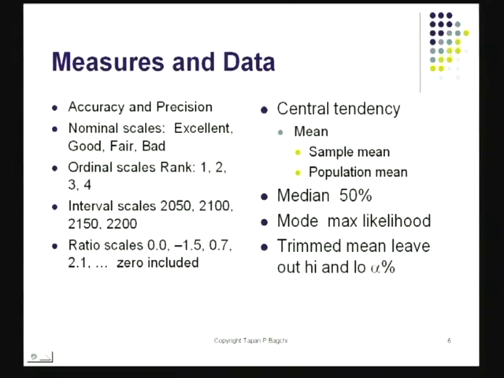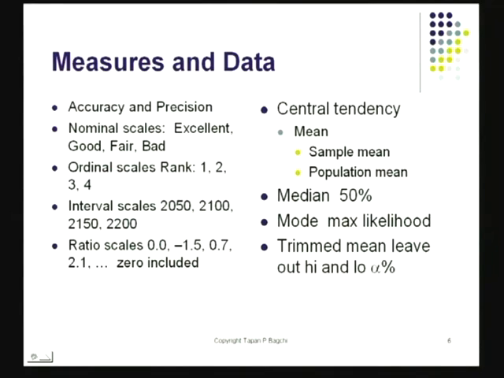Because I've drawn a sample from my population, there will be something called the sample mean, and there will be something called the population mean. Generally speaking, the population mean is unknown, and we try to estimate it by calculating the sample mean. So the sample mean becomes the estimate for the population mean.